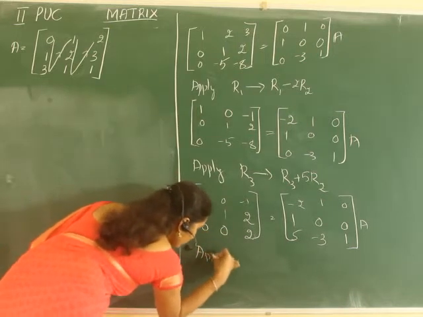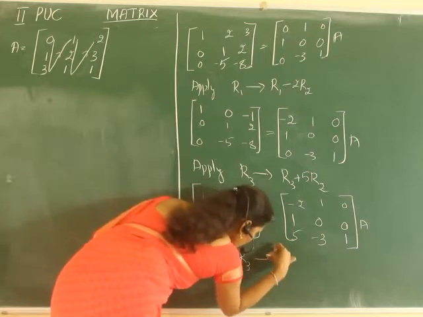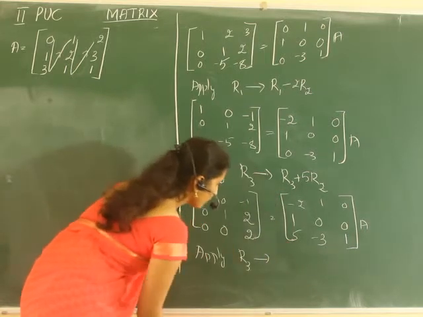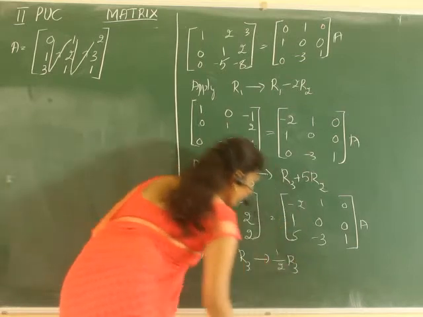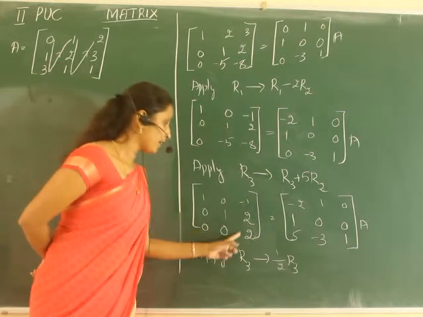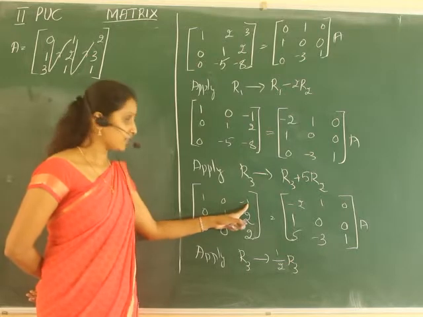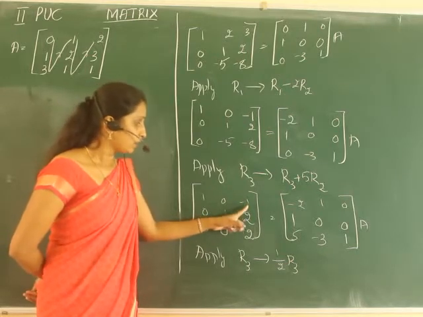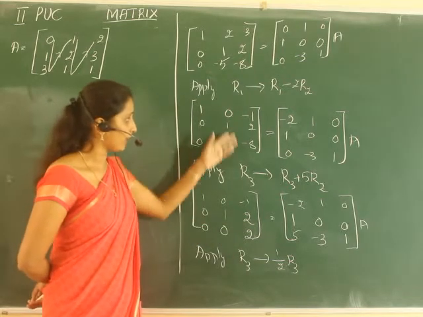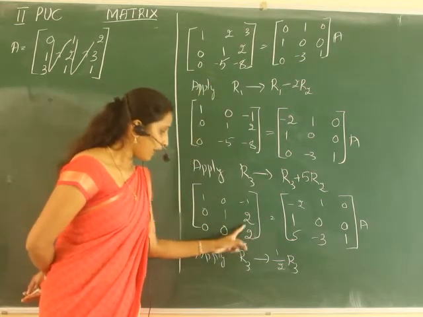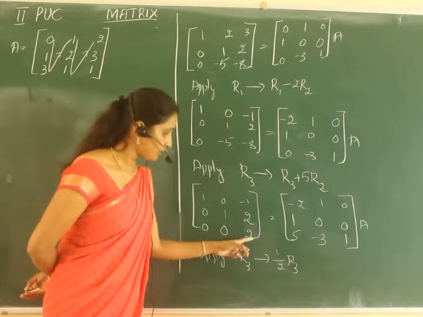Apply R3 changes to half into R3. I am changing this to 1 because I have to change this element, but I am not changing this element because to make it 0, I have to use one more row, and that is difficult as we used it here. So how to change? By multiplying by half.